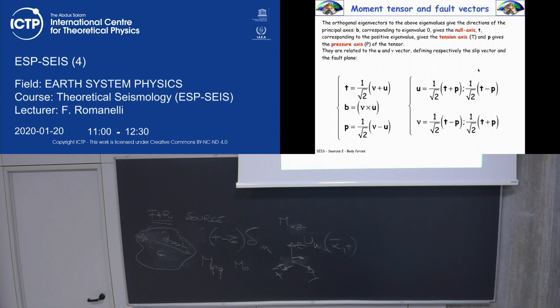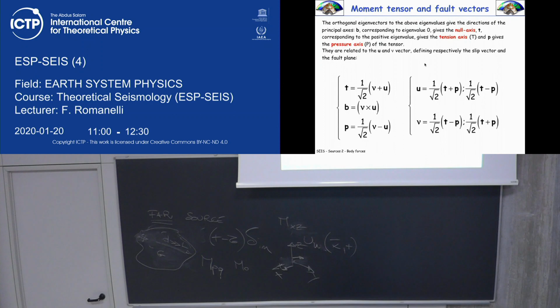That means finding the eigenvectors, as we did for strain. The eigenvectors are called principal axes in this case, and these principal axes are called T, P, B. Now, B is the axis related to the 0 eigenvalue. T is the positive and P the negative, those are just names.